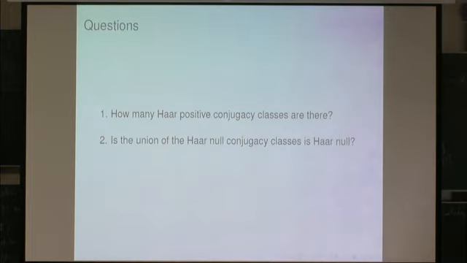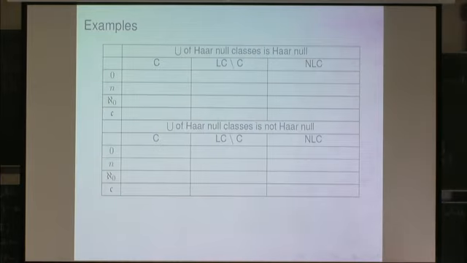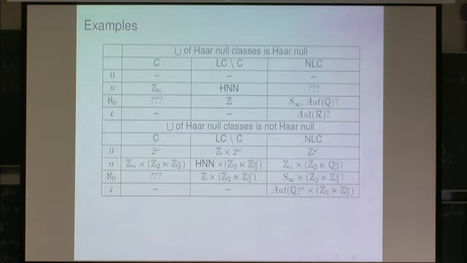So we have to decide these two questions for every given automorphism group. And we have this table, so we want examples of certain groups. Here we have compact, locally compact, non-compact, non-locally compact groups, and this is the current situation.